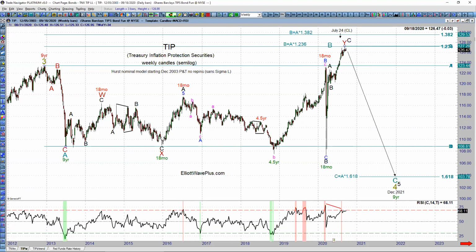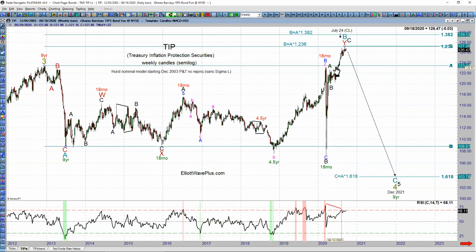At the time I was saying, okay, this wave B is done, it's a double top. But the plunge was so quick, and then the Fed was so quick to move in with trillions of printing that all of a sudden everyone was back on the inflation bandwagon with the moving higher.